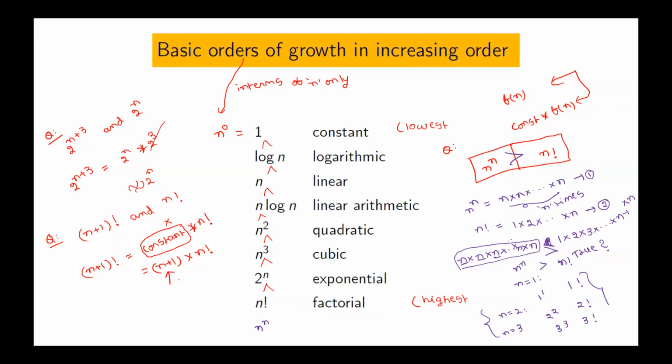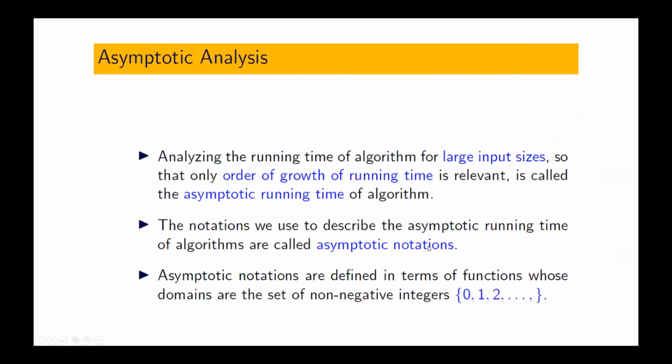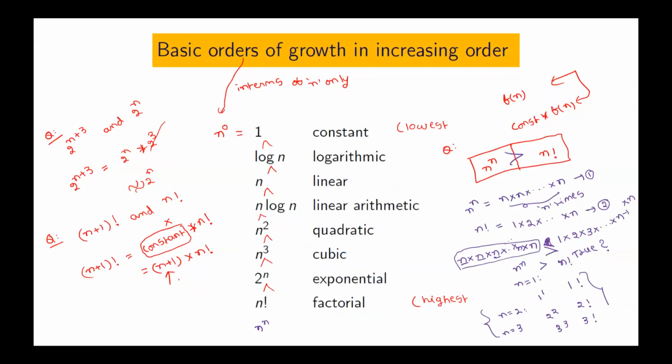Is that okay? Just out of curiosity, I'm asking, is there any algorithm which has complexity n to the power n? That we can write, sir: n for loops we write. For example, for i equal to 1 to n, for i equal to 1 to n, for i equal to 1 to n, and print. So how can you write n loops, each from 1 to n?